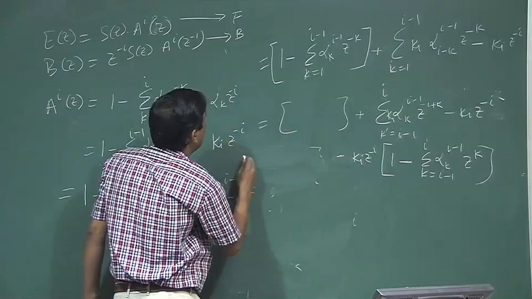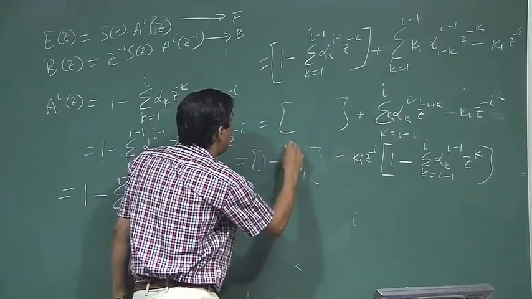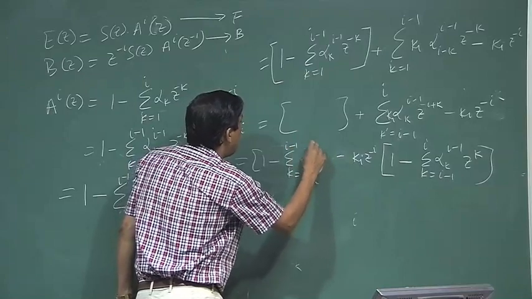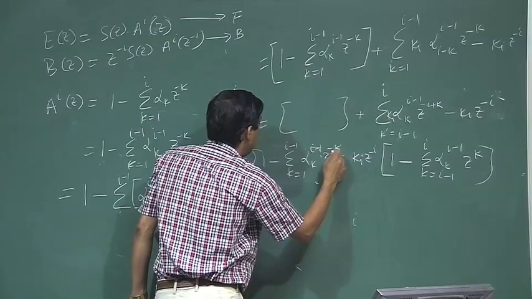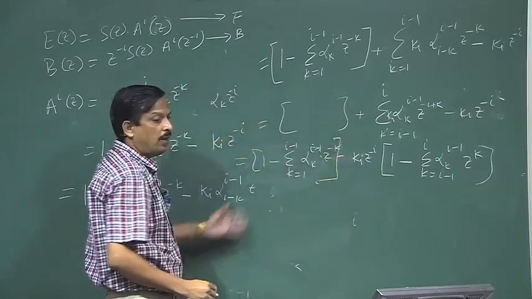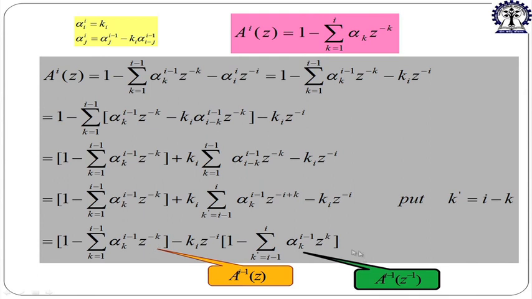So finally, this will be 1 minus the sum for k equal to 1 to i minus 1 of alpha k, i minus 1, z to the power minus k, minus this term. If you see the slides, there are two terms, one is this one and another is this one.